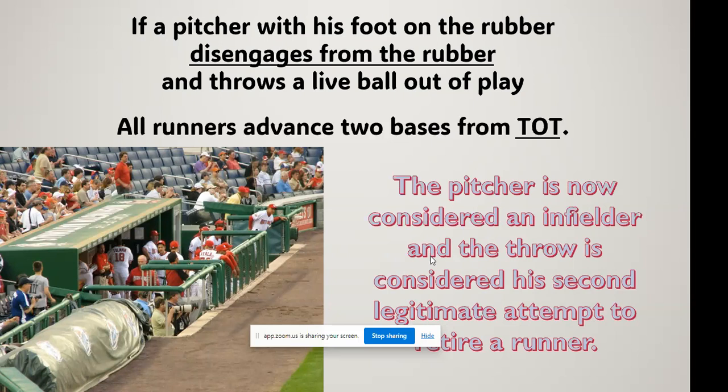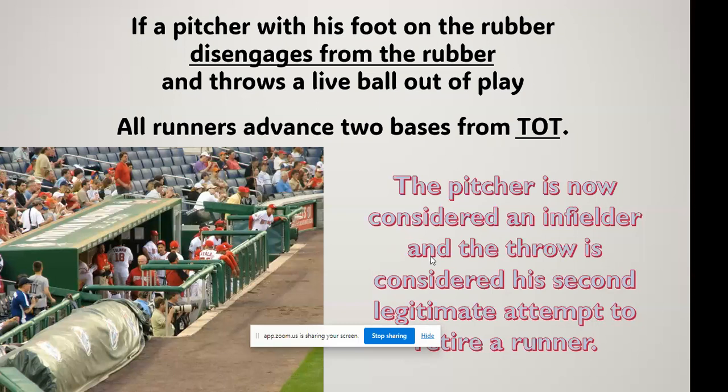And I've had this happen where as a plate umpire, I maybe couldn't see for sure that he disengaged completely. I might step out and start to place runners, and my partner would say something, or I would just call time and talk to my partner to make sure I knew he had disengaged before placing runners.